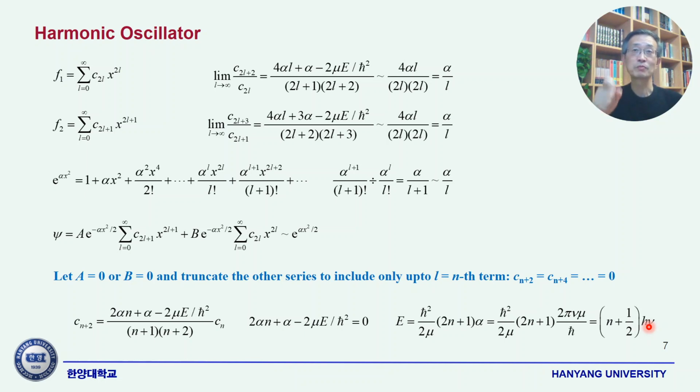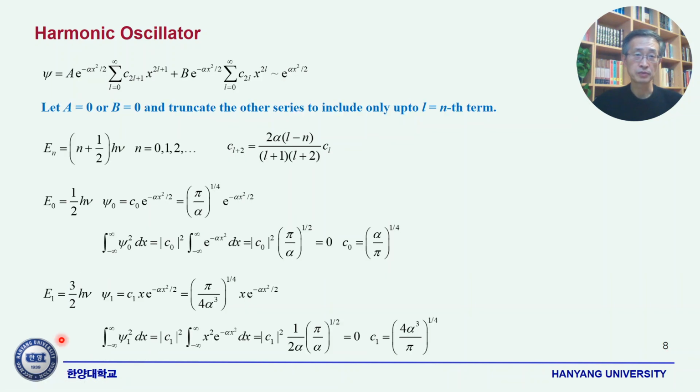That is the quantum number. Now you have your energy indexed by the quantum number, En. And you name your wave function with the same quantum number, because it contains only that many truncated terms, and that is the unique wave function or solution to the Schrodinger equation of the harmonic oscillator.